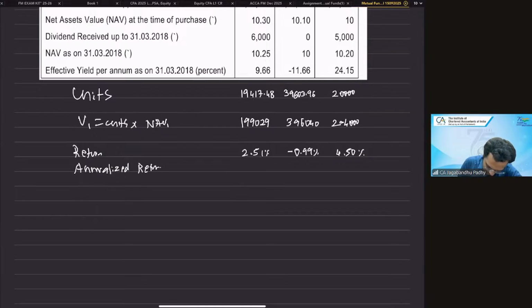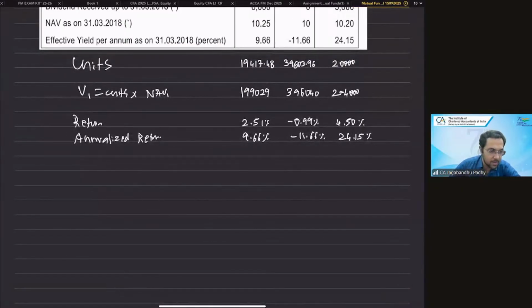Annualized return is given to us, which is 9.66%, minus 11.66%, and 24.15%. So we have to get the days of investment. How do we get the days of investment, guys? It is simple.